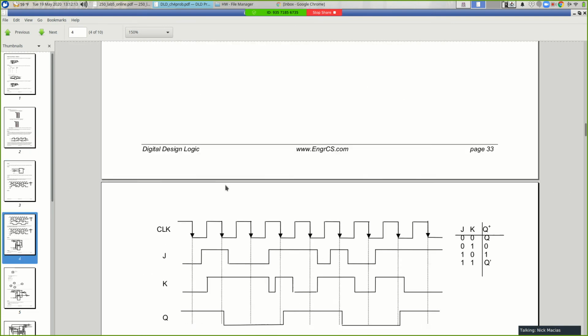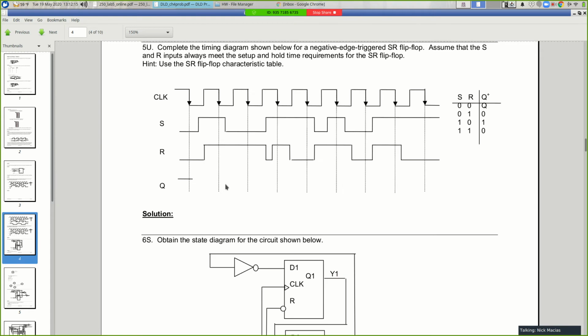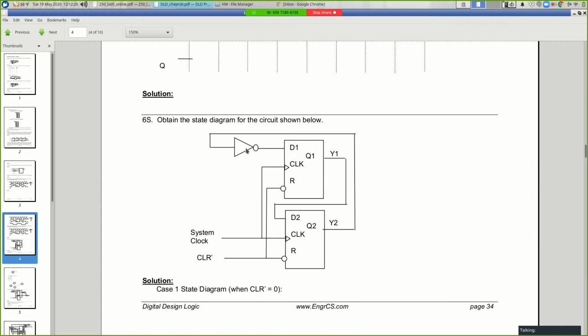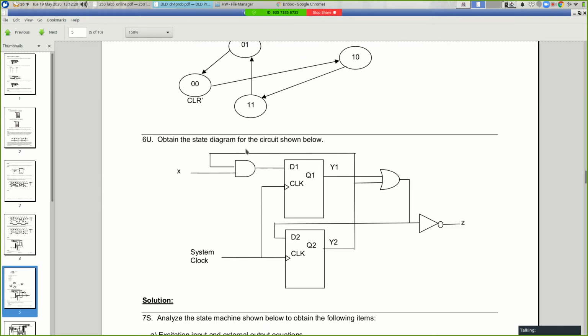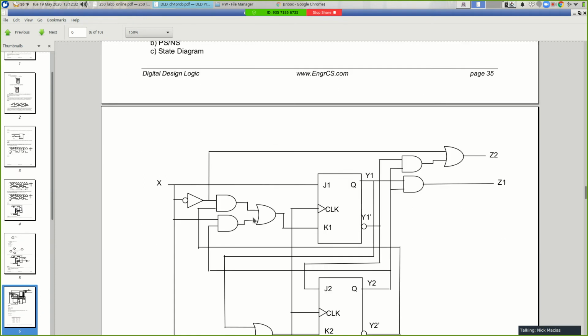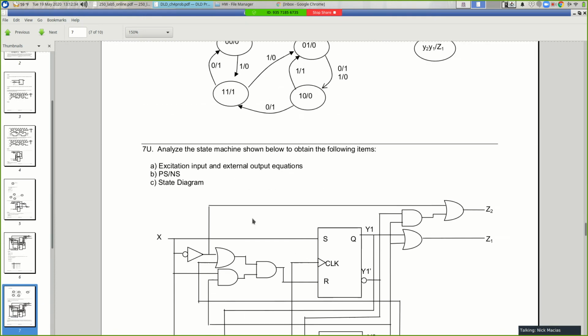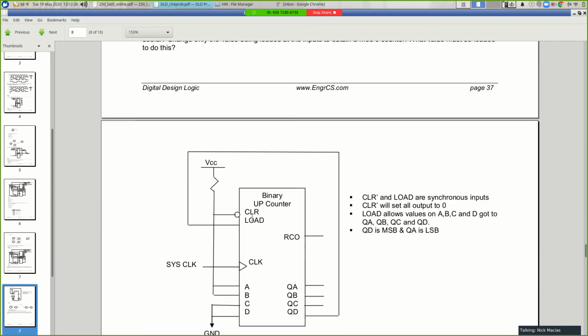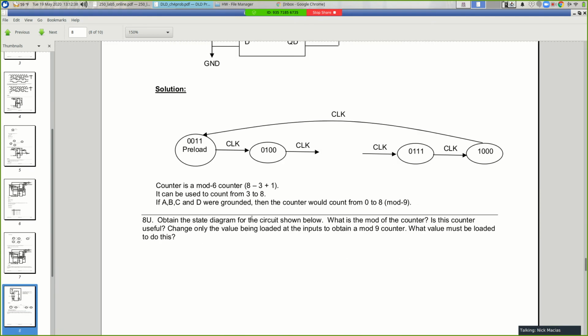So maybe do question 5 first, where you're given specific values for the inputs and the clock and construct the Q, and then from that maybe go back and try to do question 1. We talked about 6 a bit in class last time, and it's an analysis question. Same with 7. Question 8 talks about modulo counters, so let me do some detail on that.